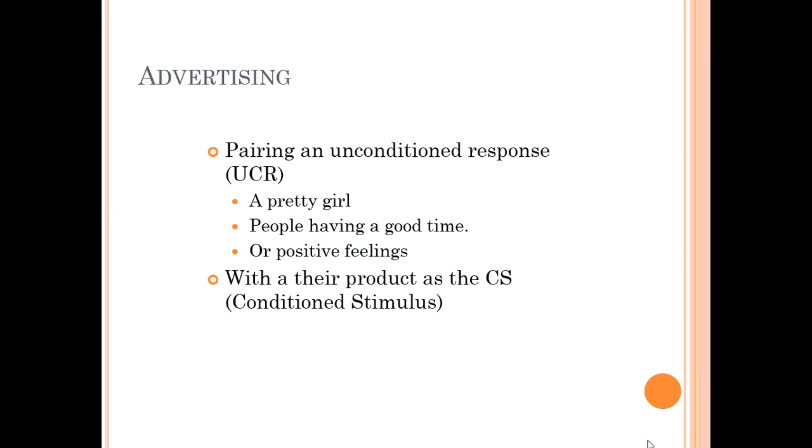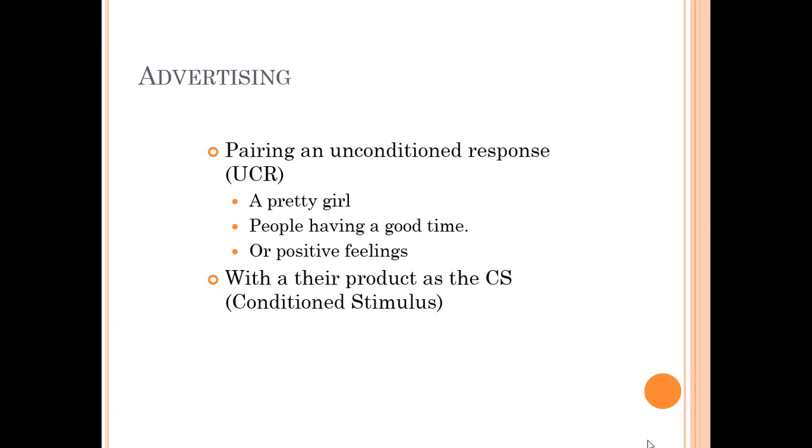Now, there are a lot of behaviors, a lot of reactions you have, that have been classically conditioned into you. The one that's most obvious is advertising. Advertising uses classical conditioning to get you to respond the way they want you to respond, so that then you'll buy their product.